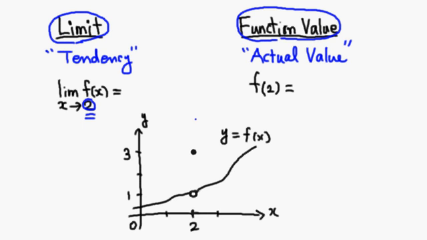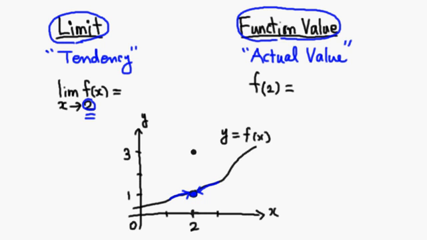So what you do is look at the graph and look for the tendency of the function around x equals 2. You can see that if you approach 2 from the left, so you're approaching from this side, and from the right, the tendency of the function from both sides is heading toward this point right here.